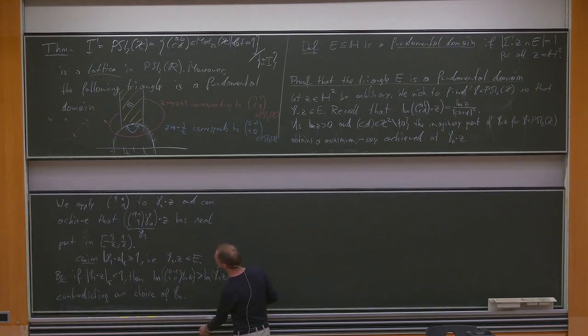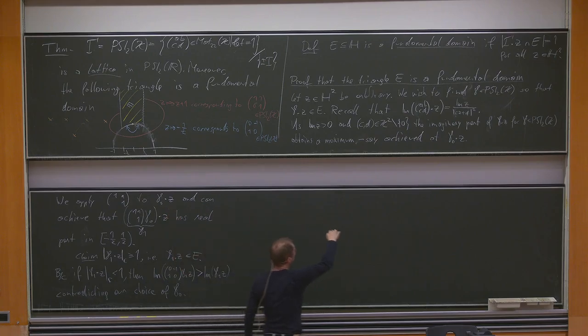Nobody said that gamma 0 is unique, right? But gamma 0 maximizes the imaginary part in the orbit.